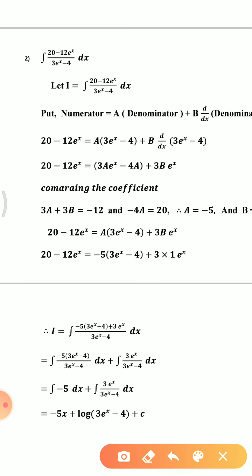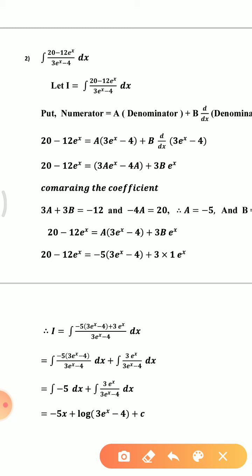Integral of (20 − 12e^x) upon (3e^x − 4) dx. Let I be equal to the integral of (20 − 12e^x) upon (3e^x − 4) dx. Same here, the integral type is: numerator is equal to a into denominator plus b into d by dx of the denominator.